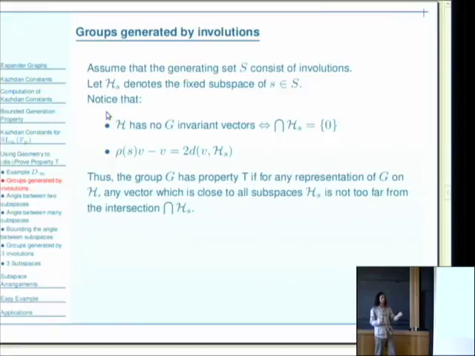And I have to quantify this, with a quantifier independent of the representation. I have to say, if a vector is at distance 1 from each of the subspaces, then it's at distance at most, like, 70 from the intersection. This is going to be equivalent to property T.